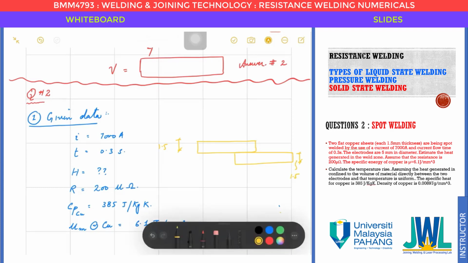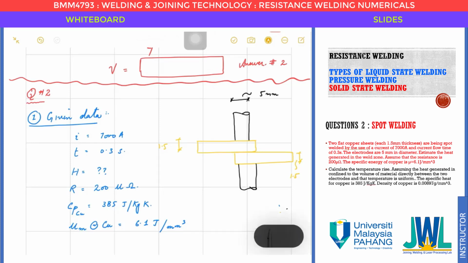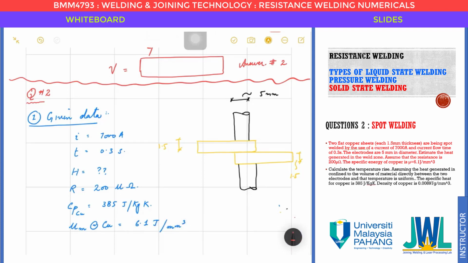And then we have got the resistance welding electrodes which are touching these plates. These electrodes are 5 millimeter in diameter. And the effective weld volume or weld area is this one.